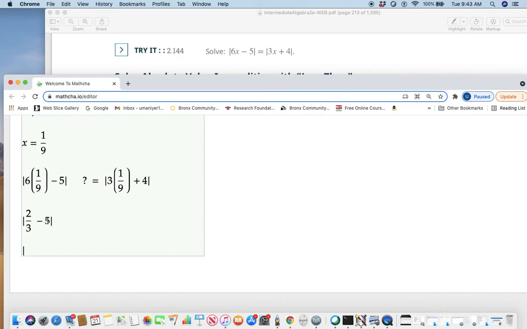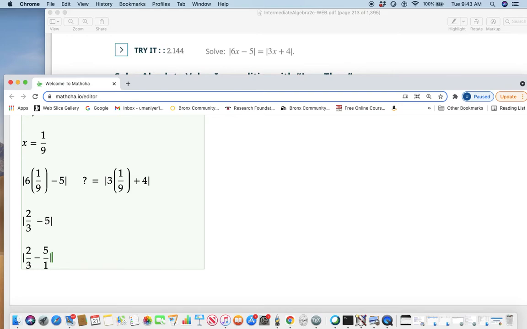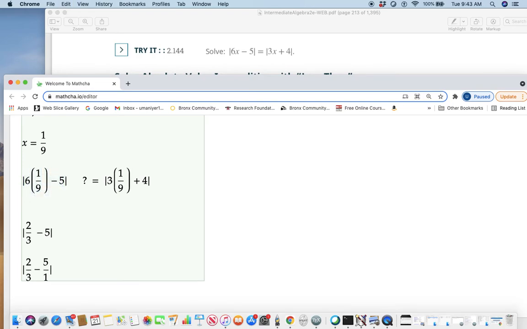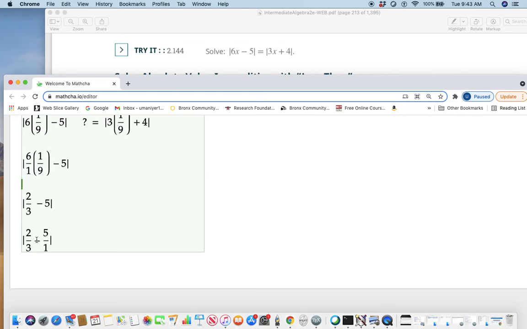Now I need common denominator. That's a 3. First let's write down 5 as 5 over 1. Alright, I better show you this step a little more, otherwise you may not remember what happened here. So that's 6 over 1, and then you multiplied and reduced to get 2/3, okay? Alright, 2/3 minus 5 over 1. You need to multiply numerator and denominator by 3.